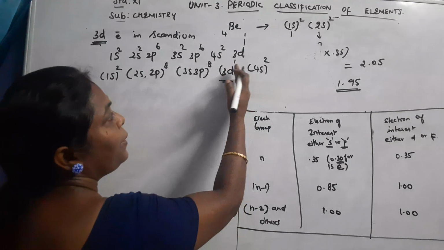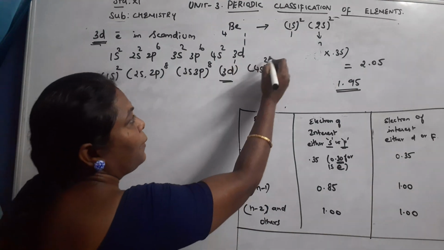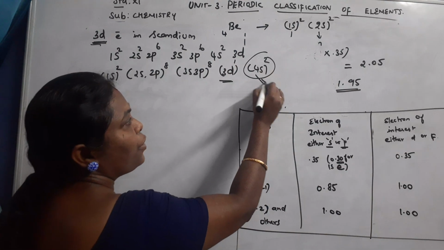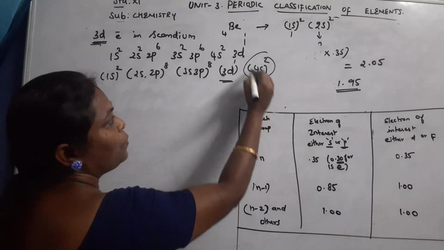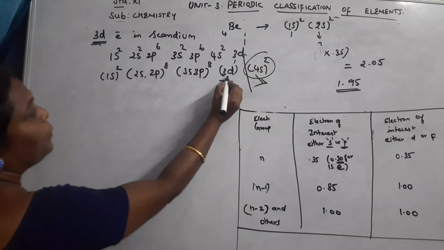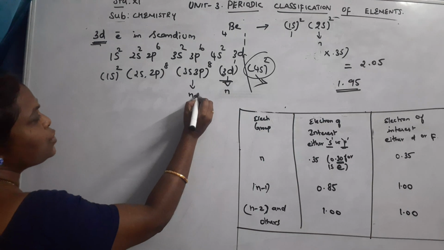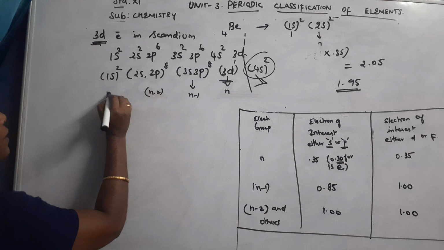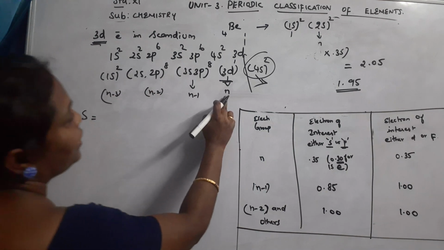The electrons to the right make no contribution to the screening effect, so there is no need to calculate them. Now let us consider this is the nth shell, and this is n minus 1, n minus 2 and others, n minus 3.